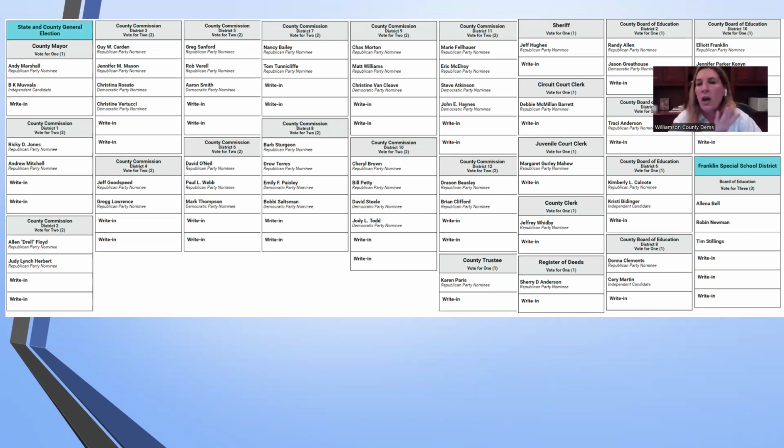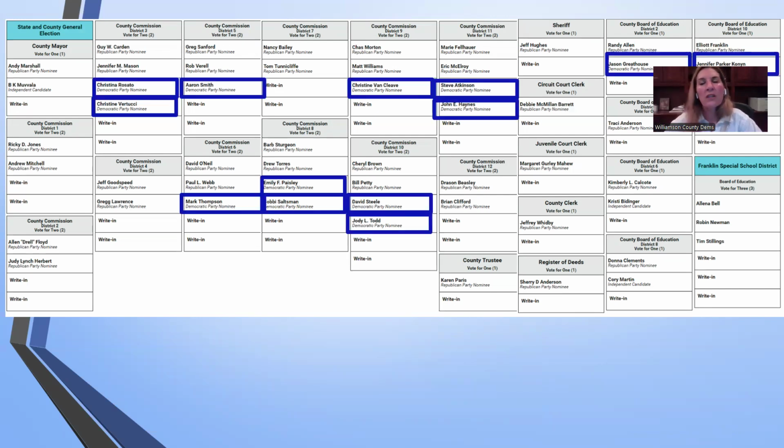Now, your ballots are not nearly this big in reality because everyone just lives in one county commission district or just one school board district. But the reason I'm showing you this is because I want you to see that we are running 13 Democrats in this election cycle. And that is huge for us and wonderful in this red county.